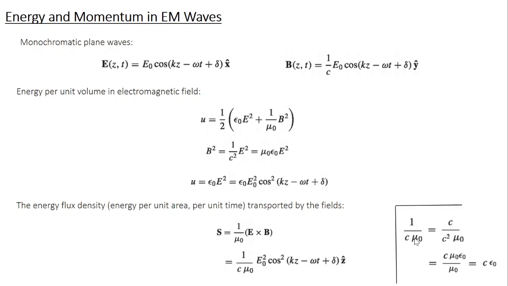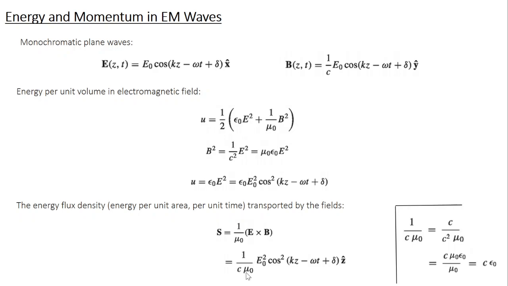Now this constant factor 1 over c mu naught, you divide and multiply by c on both numerator and denominator. So this becomes c over c square mu naught. 1 over c square is mu naught epsilon naught. Mu naught gets cancelled. This becomes c epsilon naught.